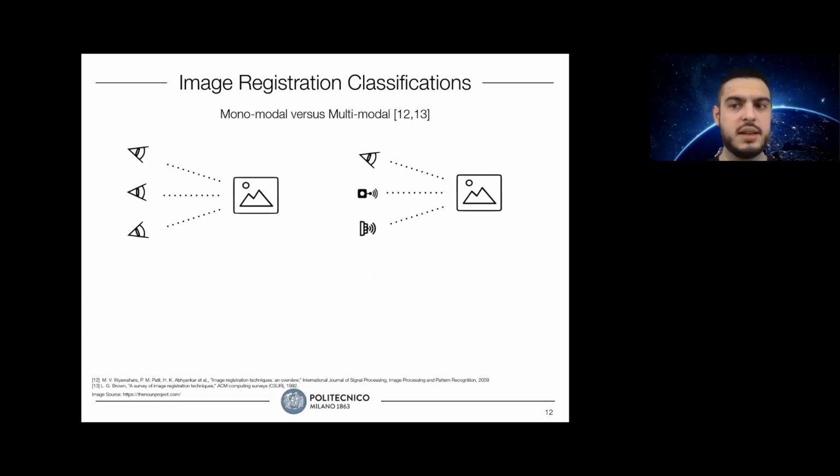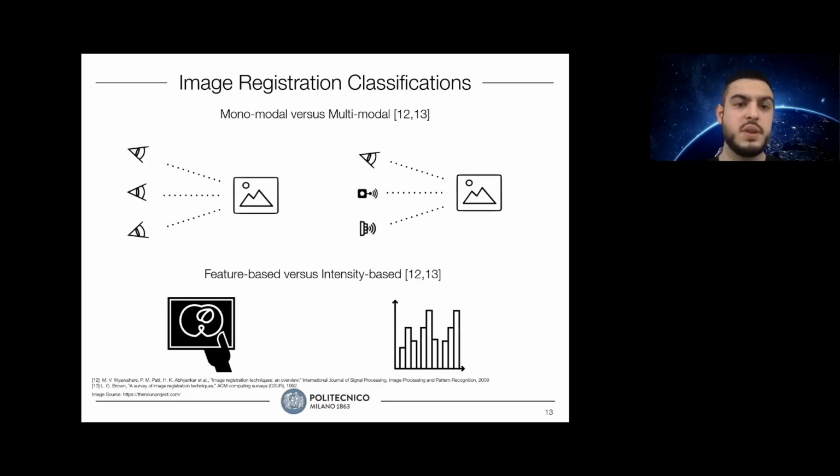In the first case, images are taken from different points of view, but from the same sensors, while the second exploits different types of sensors. And moreover, we can find in literature approaches based on features detected from physicians or approaches based on the intensity of the images, and so without any assumption on the data.